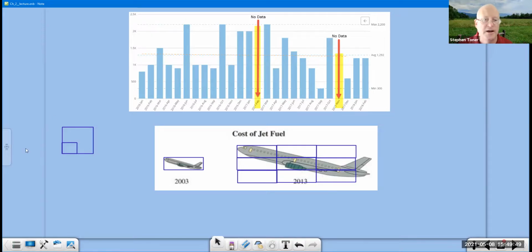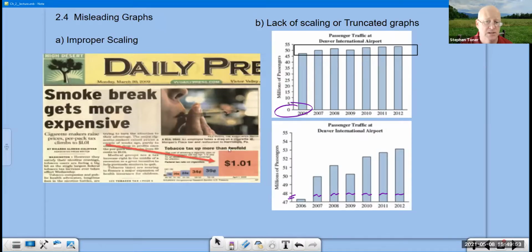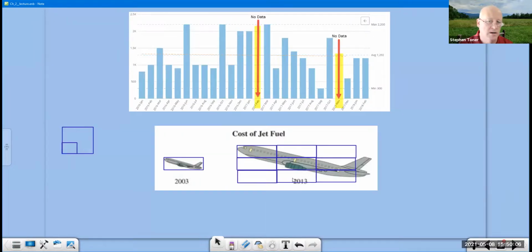And that is the same problem that we saw if we go back to this newspaper article about the tobacco tax. They used that same example incorrectly right there. So I wanted to call it to your attention.